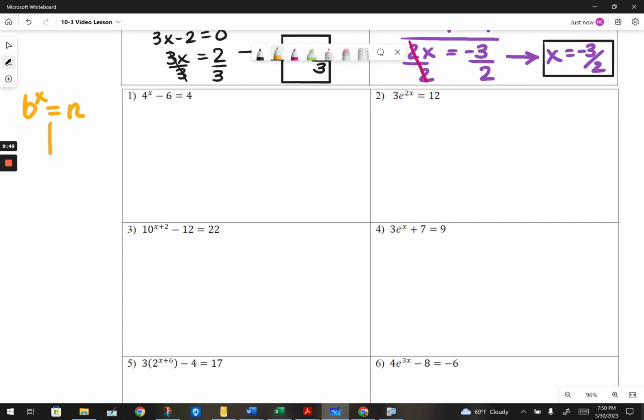And then what happens is, I want you to replace, I'm going to go back to a because that's what you guys used in 10.2. You are going to rewrite b to the n equals n as a log.